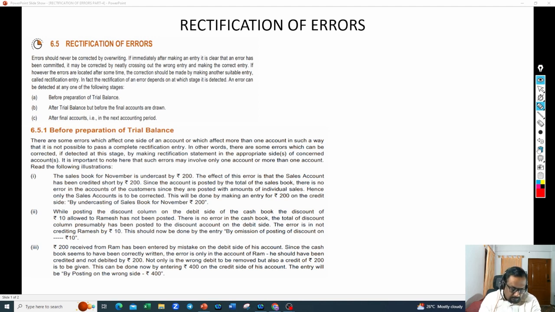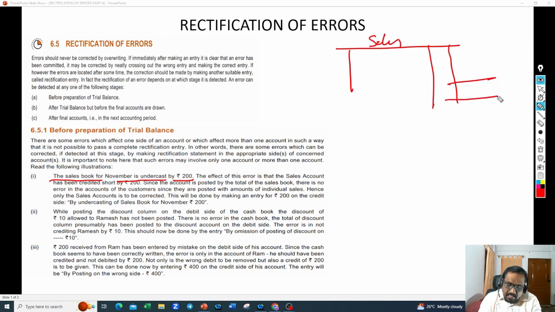Clear? Now, the sales book for November is undercasted by 200 rupees. Let us say I have a sales book. Undercasting. Actually, here the amount is 10,000. I have to put 10,000 total here, right? Here also I have to put 10,000. But undercasting means I total less.